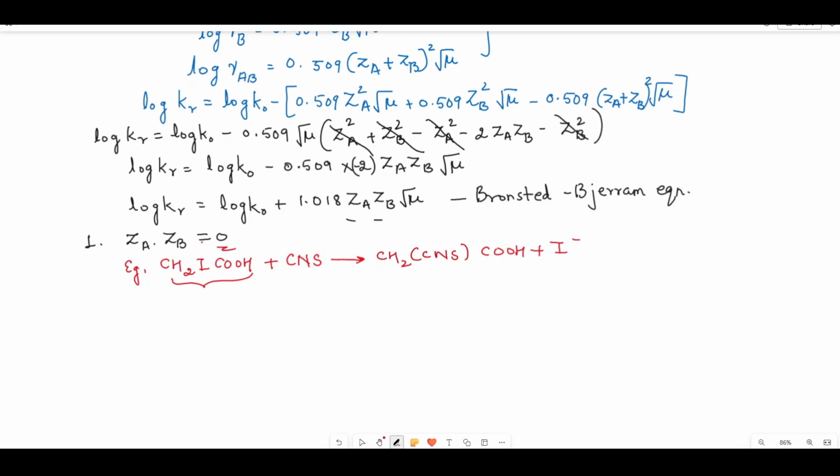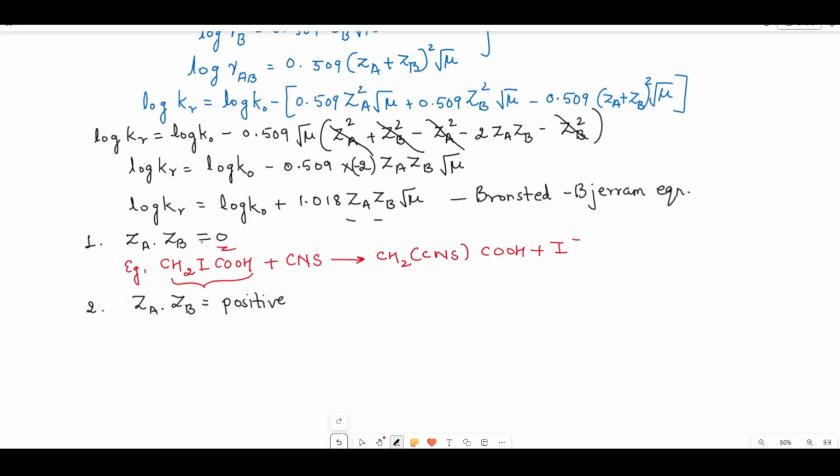Let us see the second case. It arises when ZA ZB is positive. It means ZA and ZB are of same sign.